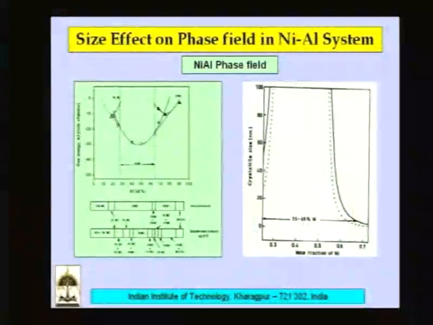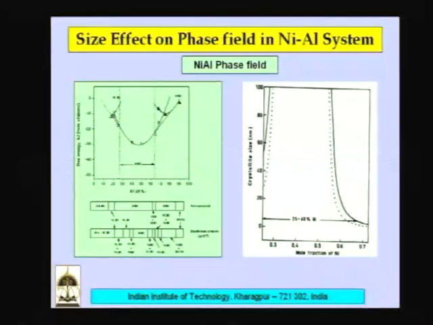We have talked about it in our thermodynamics class, and it shows that when you decrease the crystallite size, the plot on the right side, this is the phase field of NiAl. The distance between the two curves gives you the composition range over which NiAl can be stable, and that composition range becomes larger and larger as you come to lower and lower crystallite size.